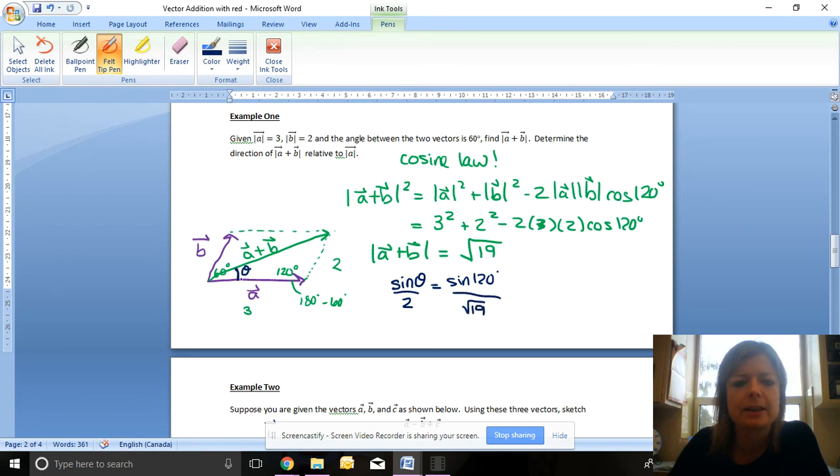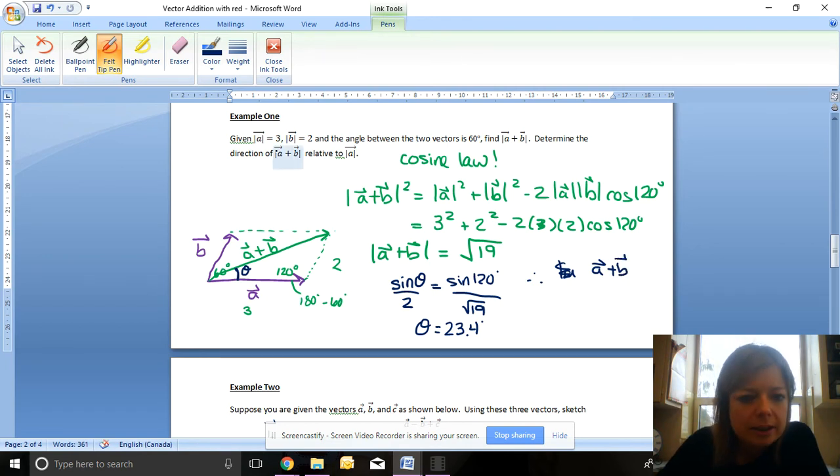The sine law is sine theta over its opposite side equals sine of something we know over its opposite side, and this is the ratio that we know. So you can rearrange and solve for theta, and you get 23.4 degrees.